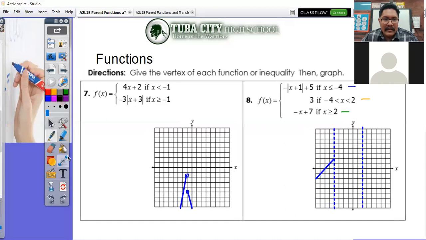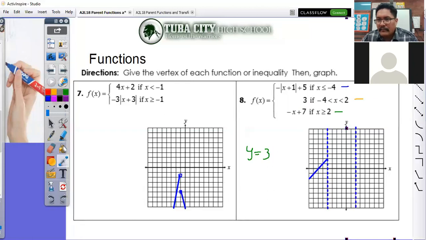Now I'm going to need a green line, because now there's a second line. This line kind of looks weird because it doesn't really have anything except 3, but that would be y equals 3. So I'm going to use a line segment and mark out y of 3.